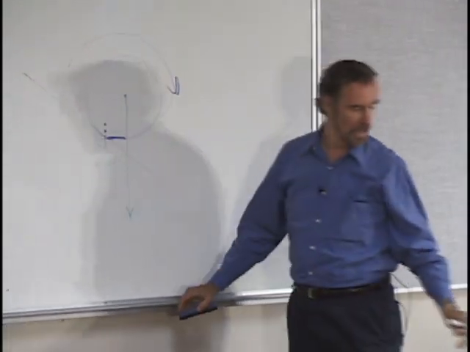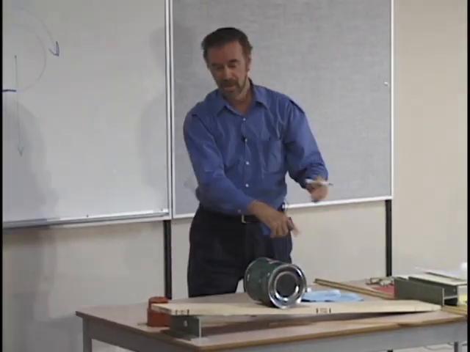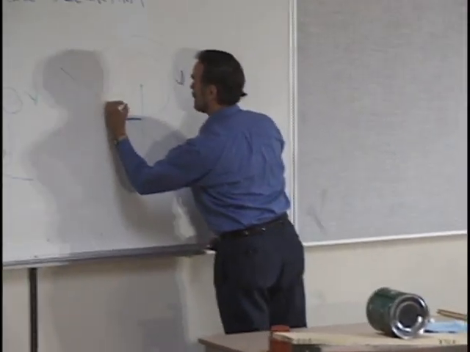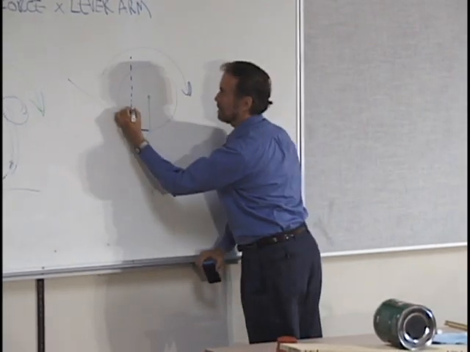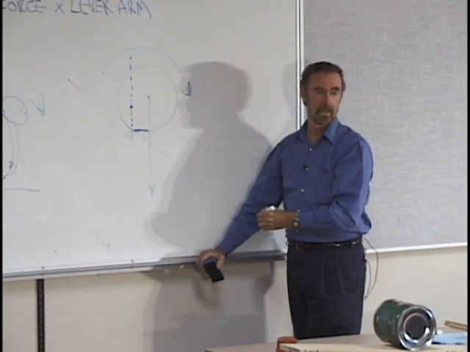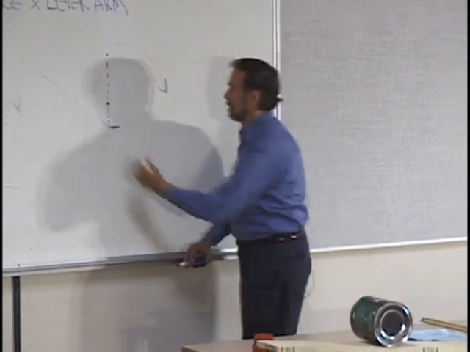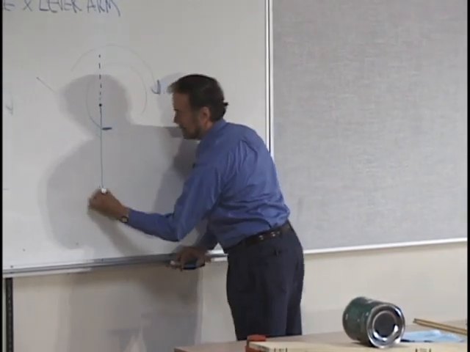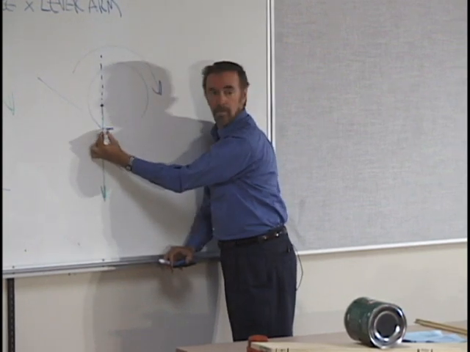As the can sits on the incline, we can say that the center of gravity must be somewhere right on this dotted line, probably right about there. See? Now we have what? Weight acts down like this, and there's no distance between the line of action of that force and the fulcrum.